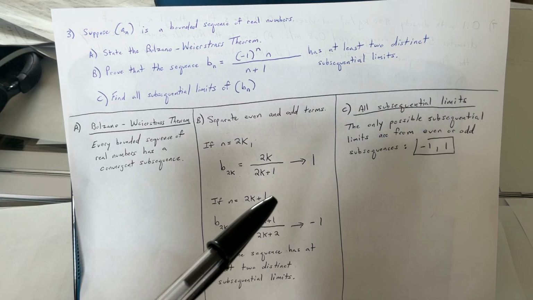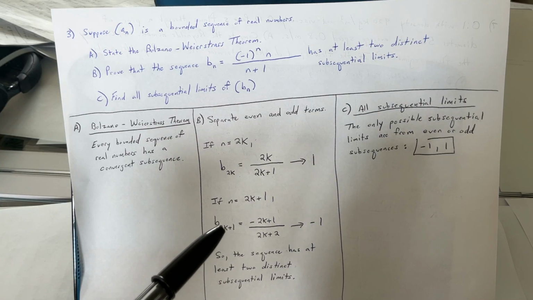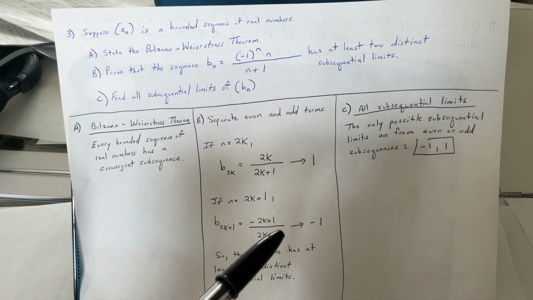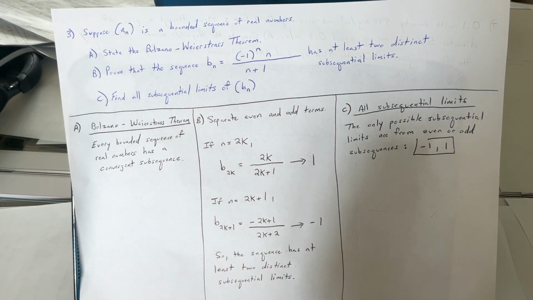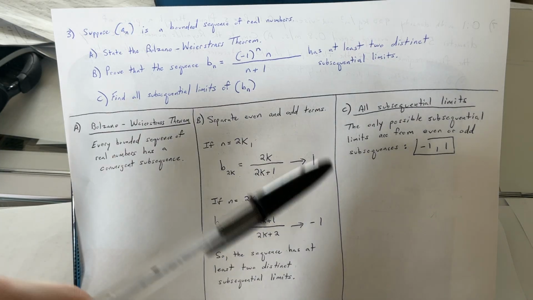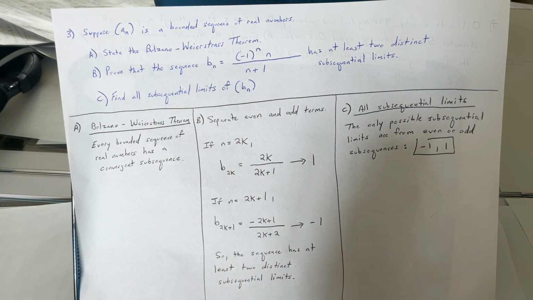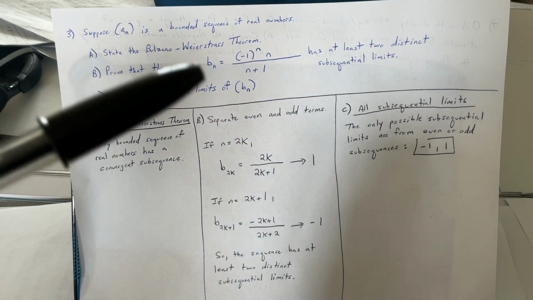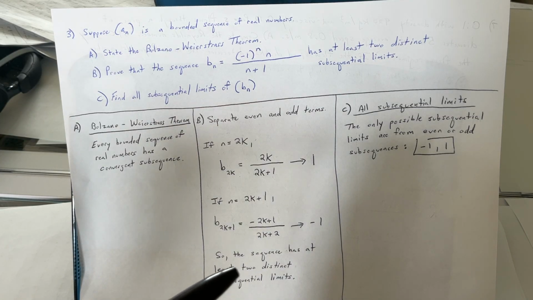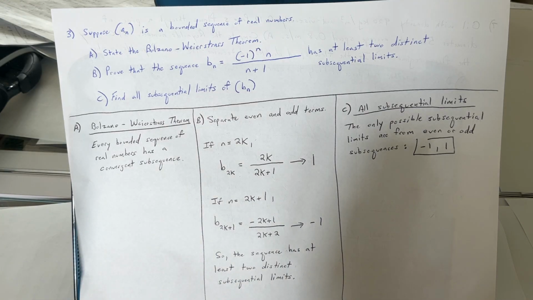If n equals 2k plus 1, b sub 2k plus 1 is negative 2k plus 1 over 2k plus 2. That's going to go to negative 1. You have alternating signs. So we could say the sequence has at least 2 distinct subsequential limits.